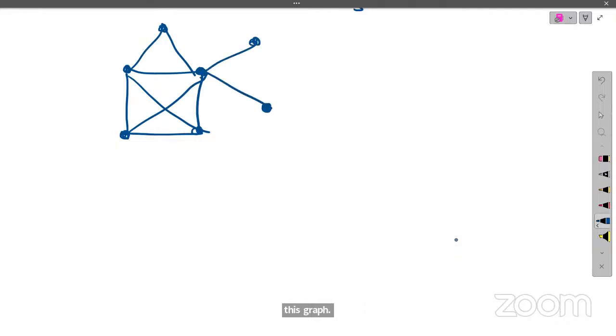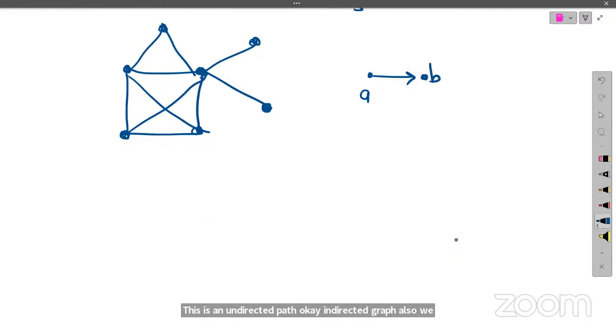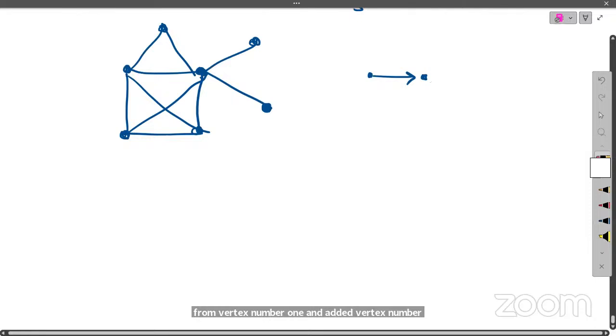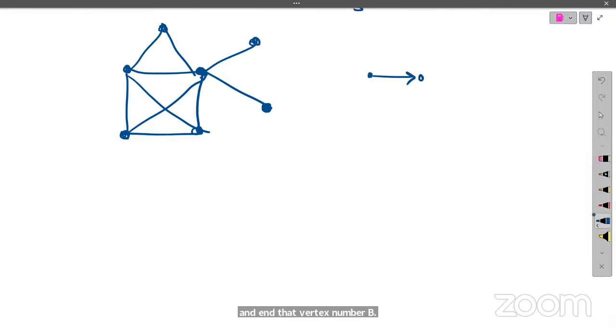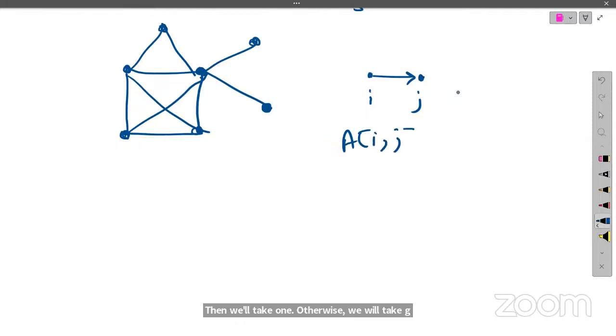In a directed graph also, we will do the same thing. If there is an edge starting from vertex i and ending at vertex j, then we will take 1, otherwise we will take 0. Then capital A of i comma j equals 1, otherwise 0. Okay, so suppose this is our graph.